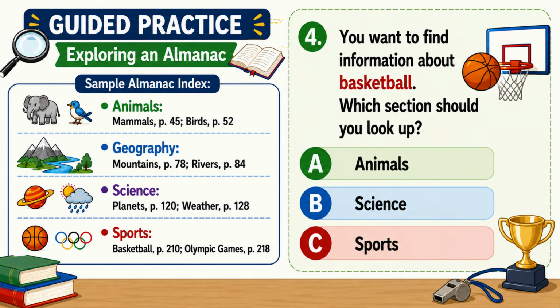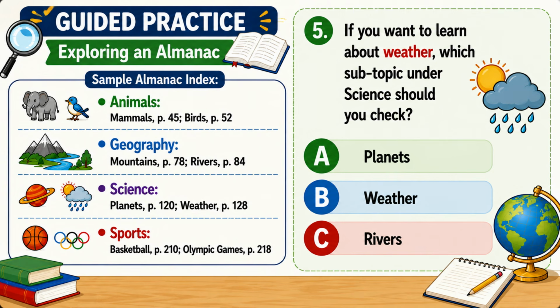Number 4. You want to find information about basketball. Which section should you look up? A. Animals. B. Science. C. Sports. Number 5. If you want to learn about weather, which subtopic under science should you check?